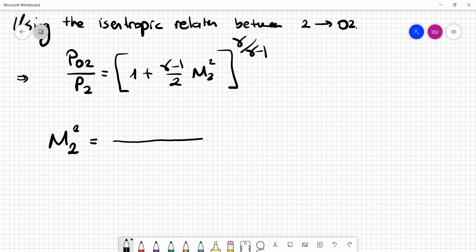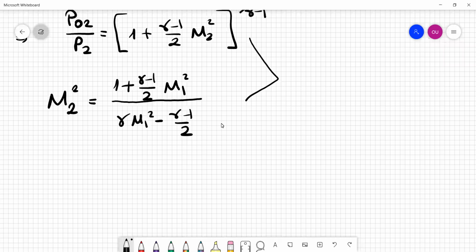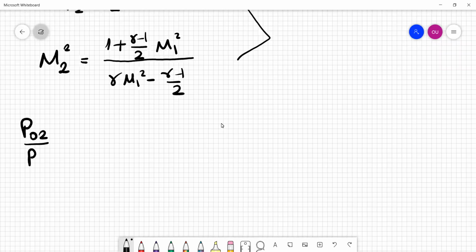In fact, if you know the M1 value, M2 can be calculated as well. So M1 square gamma M1 square minus gamma minus 1 over 2 is the value of M2 as a function of M1. So if we combine these two equations, now I end up with a relation that relates the two measured quantities, P02 and P2, to the inlet Mach number.